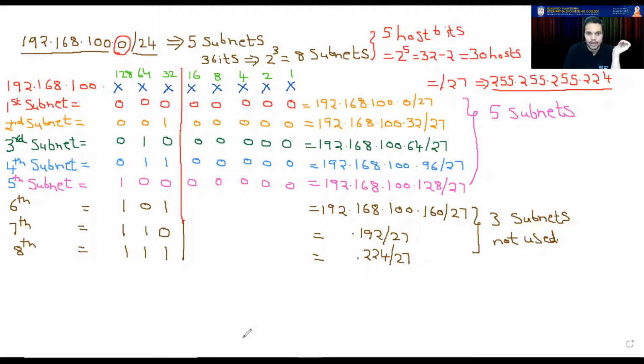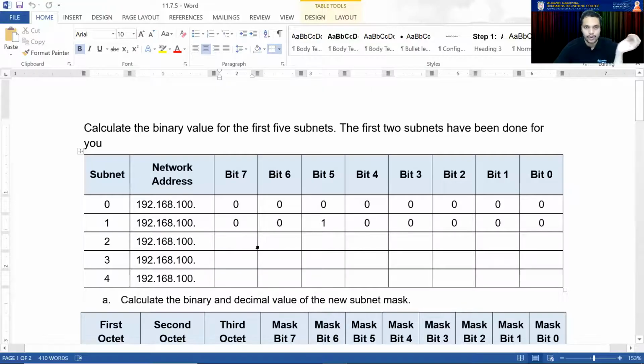So let me go back to the particular Word document which I created so that it will be easier for us to enter these details there. So this is the Word document we have. This is given in your particular question sheet. And if you write down here 0, 0, we already did this. So I'm just writing it down once again, the same thing, 0, 1, 0.